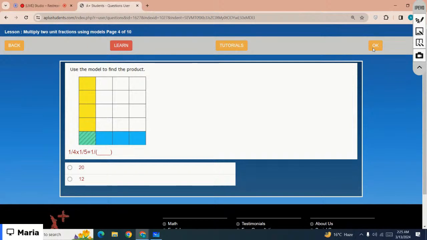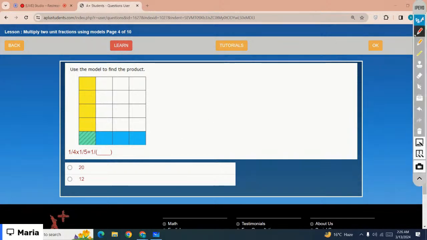So which is the correct option? 1 by 4 times 1 by 5 is? Yes, that is 1 out of 20. Option number 1 is the correct option, right?